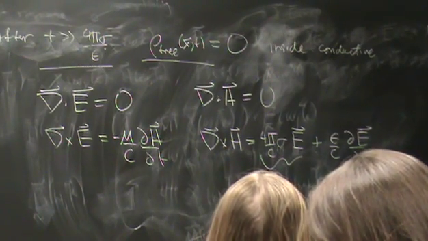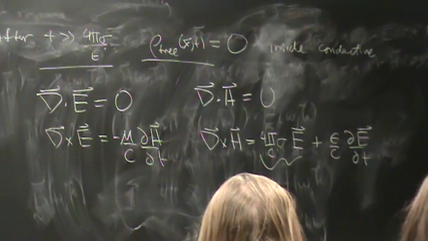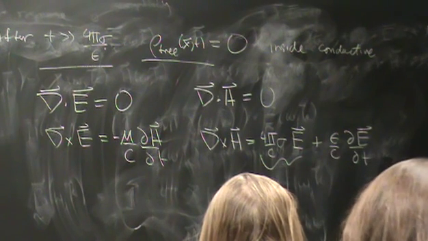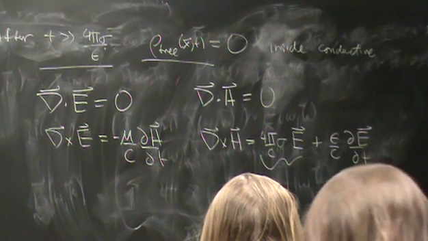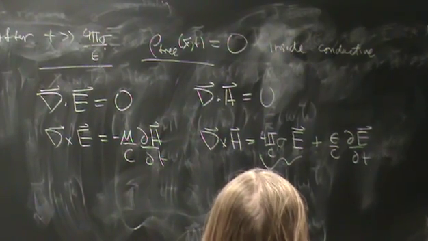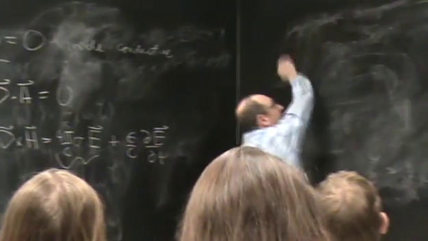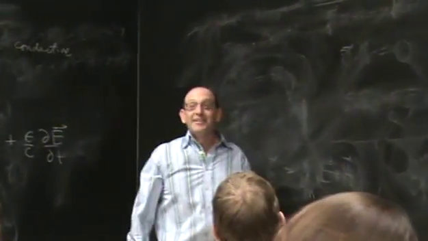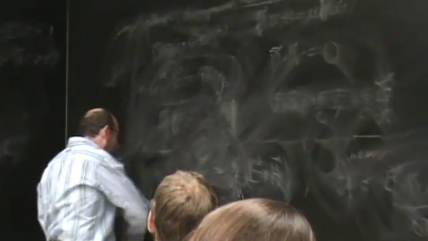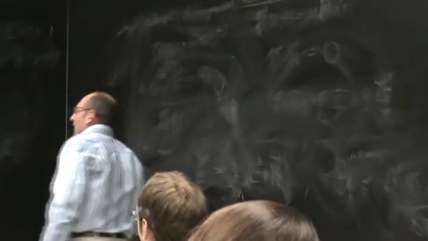Okie dokie. So now I want to know, how do waves propagate in this kind of medium, which has a finite conductivity? How do I find the wave equation? Yes, take the curl.